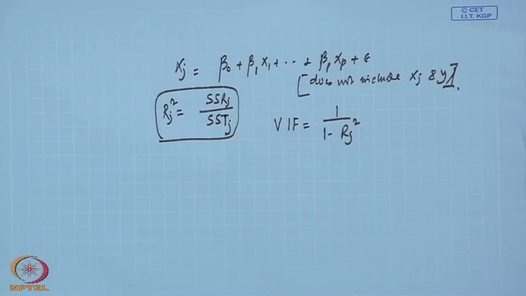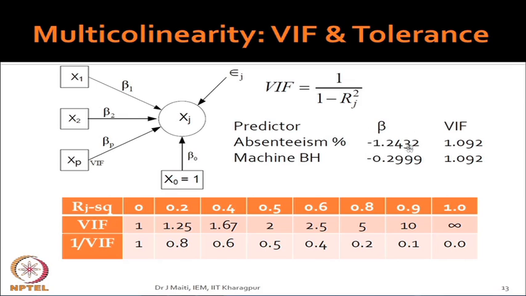For example, in our case, for absenteeism and machine breakdowns, the beta values are this and the variance inflation factor is 1.092 in both cases.